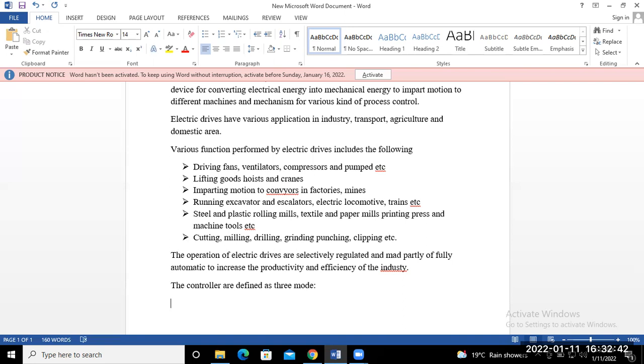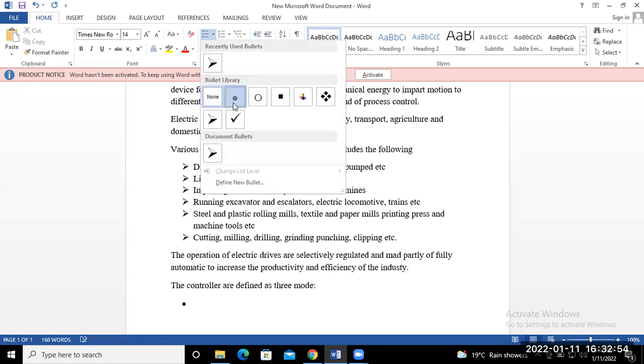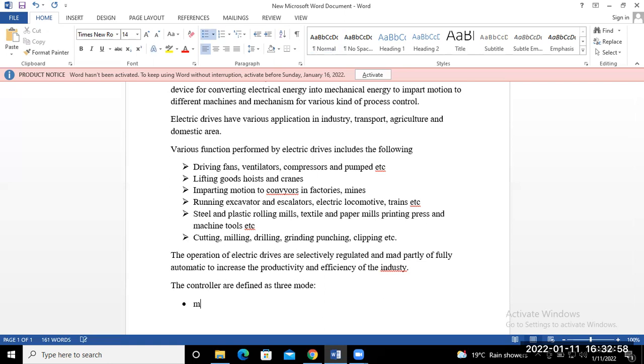One is your manual, the second one is your semi-automatic, and the last one is your automatic.